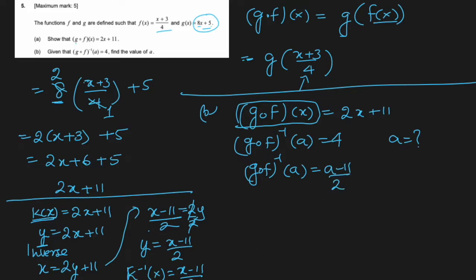Because this was g of f inverse, and they said it is equal to 4, so 2 multiplies with 4, so a minus 11 equals 8. a is 8 plus 11, which is 19.